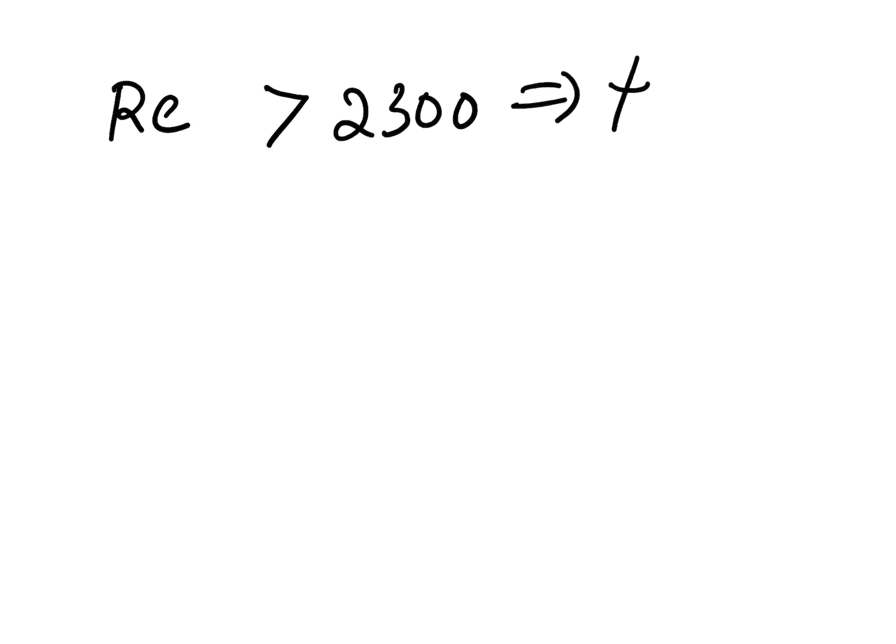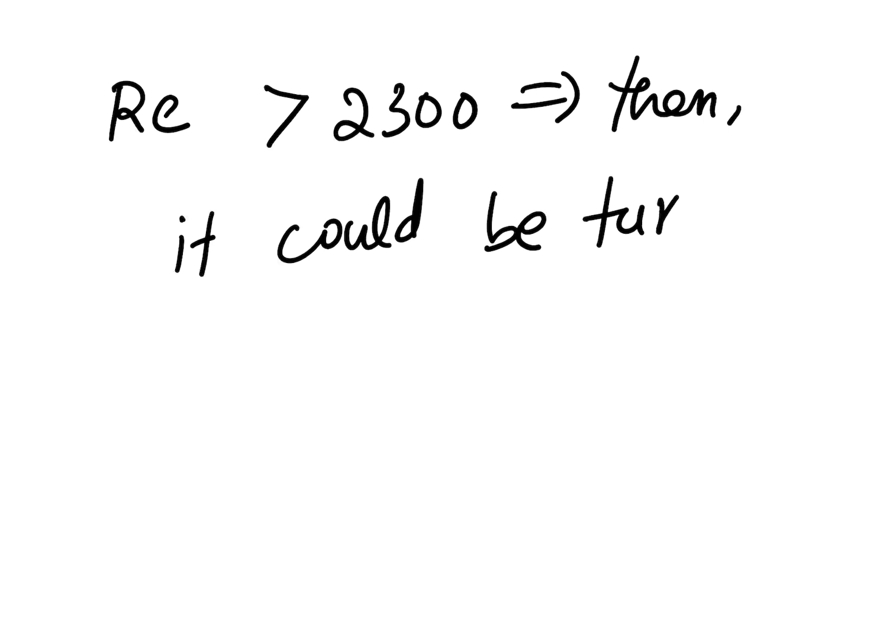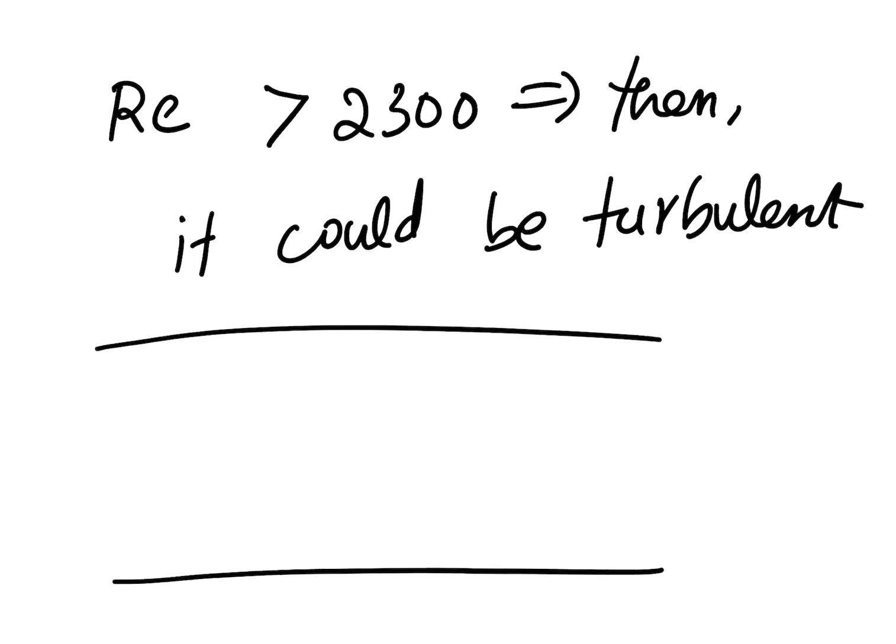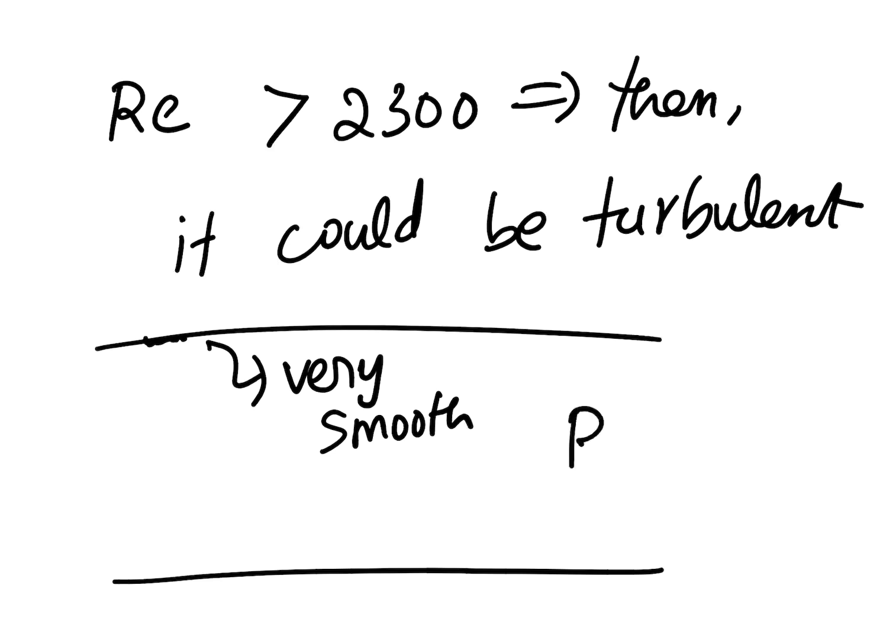If the Reynolds number is more than 2300, it doesn't mean it's necessarily turbulent, but it could be. If you have a pipe that is very smooth on the inside, with no disturbances, no bumps, no irregularities, the flow could remain laminar until even 10 to the power 5.